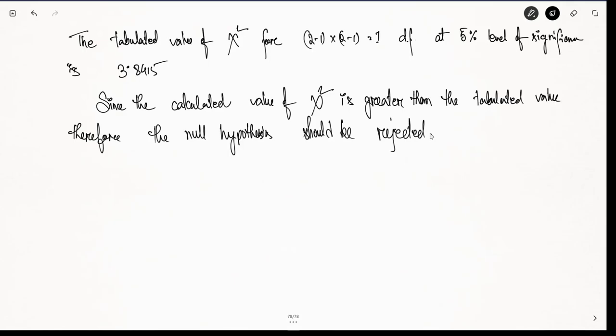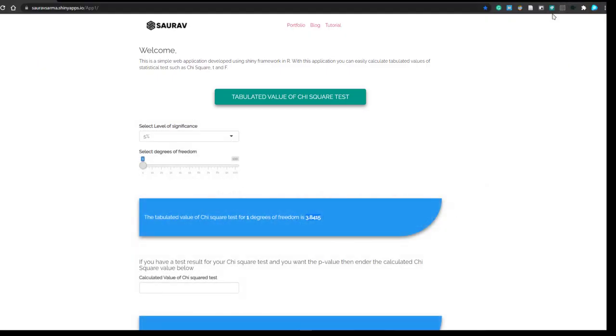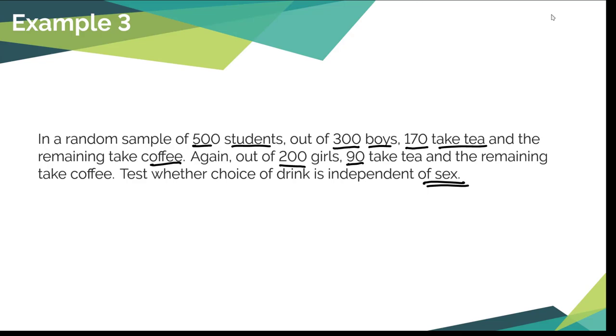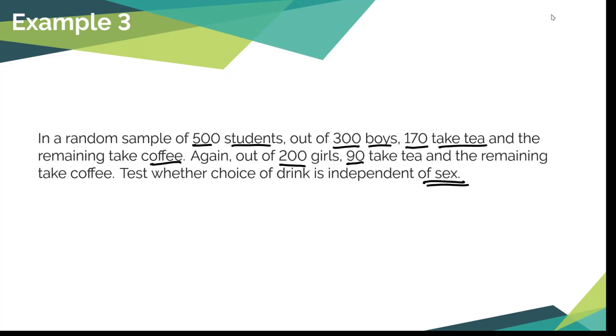This is how we calculate the chi-square test, right? So this was our last example related to chi-square. So we have learned about three different types of tests that are commonly used in statistics. One is one sample t-test, one is independent sample t-test, and one is chi-square test, right?